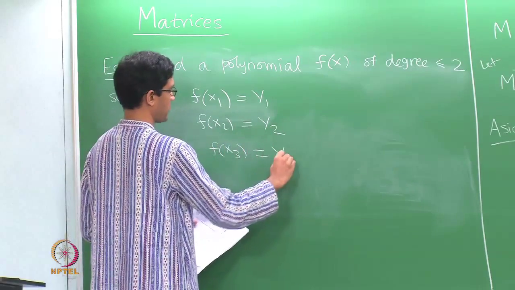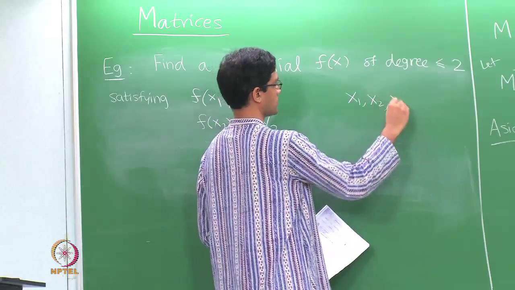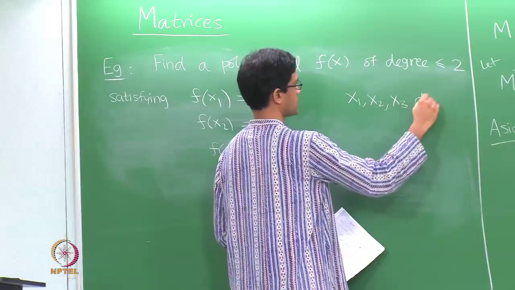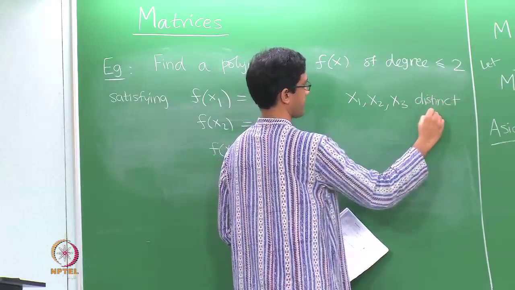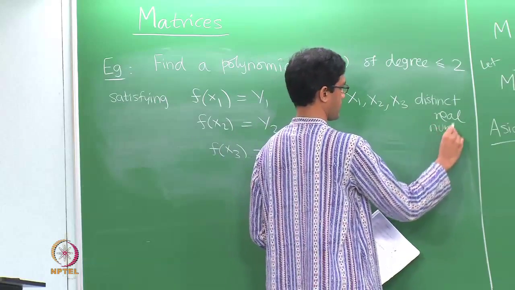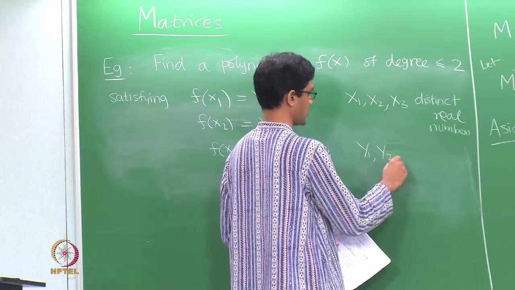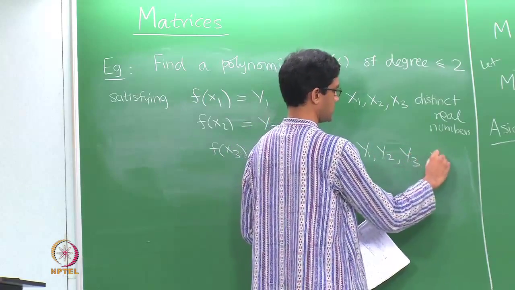Where x1, x2, x3 are three distinct real numbers, and the y's are just any arbitrary real numbers, not necessarily distinct. So, these are just reals.